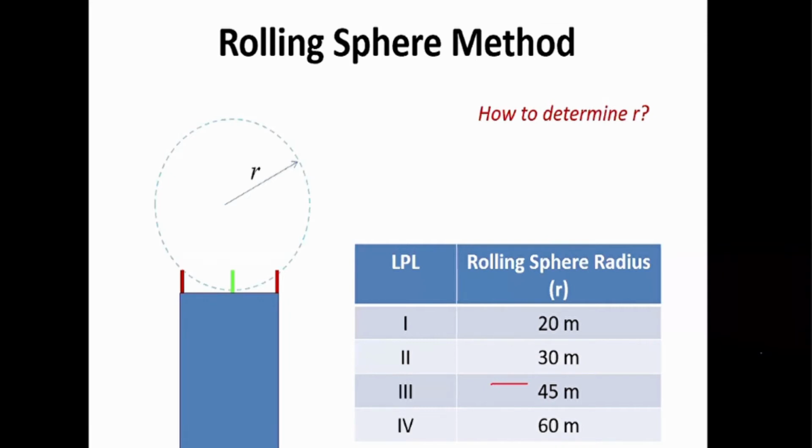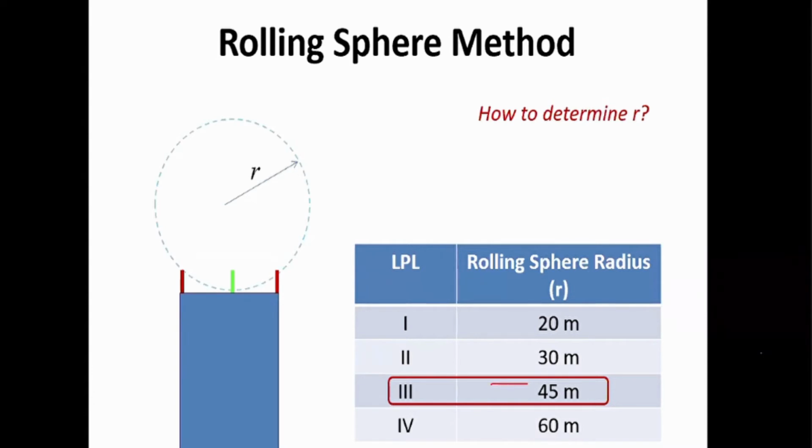What does that mean? If you have a smaller rolling sphere radius, then you need more air terminations or taller air terminations to prevent the rolling sphere from touching the building. So that means you need more material. But as you go down the line, for lower levels of protection, you need a smaller amount of material.